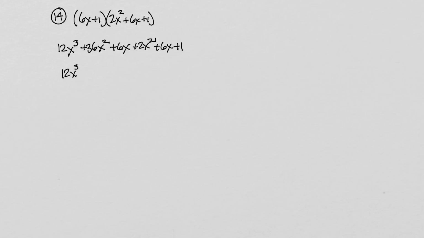That doesn't combine with any. But I can see here that 36x squared and 2x squared is going to give us 38x squared. And then 6x and 6x, that'll give us 12x. And then I think we still have that 1 out there, right? So we'll still have that 1.